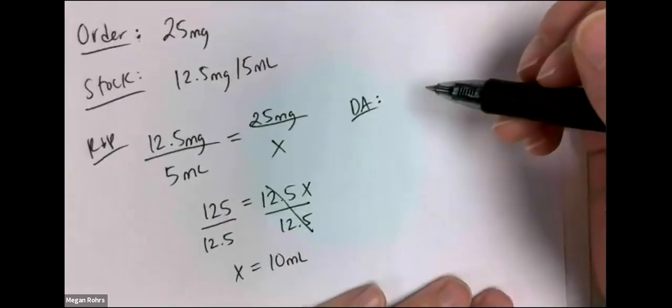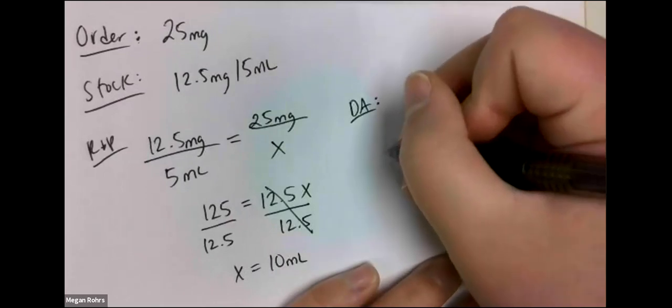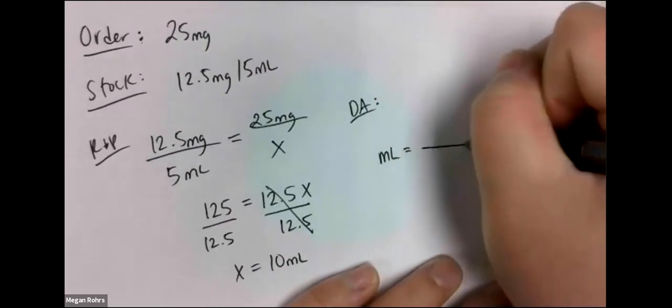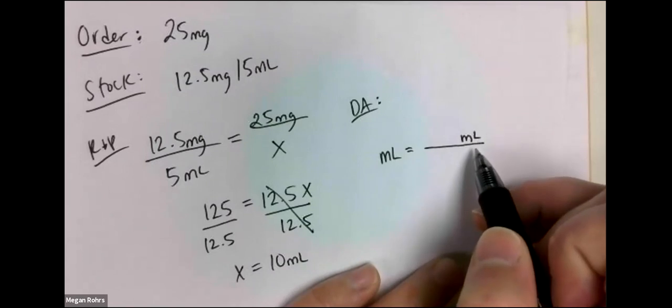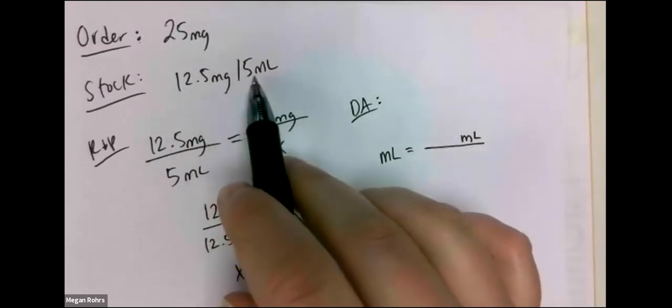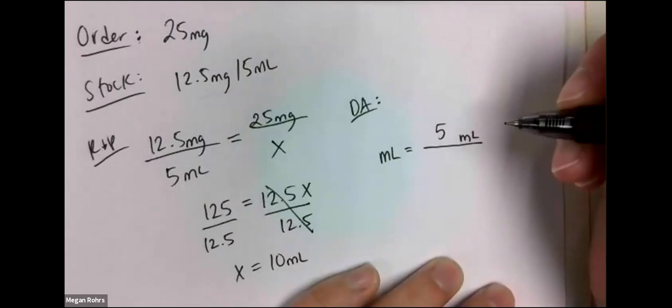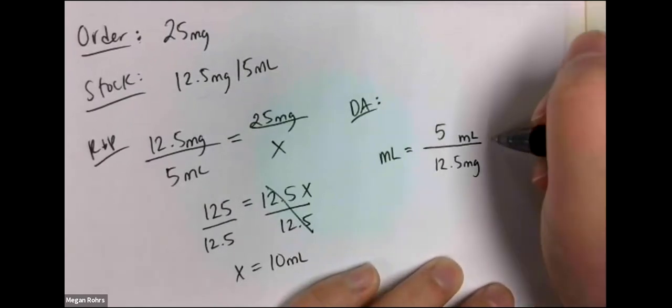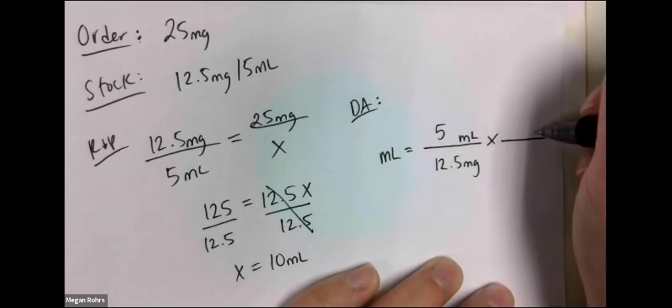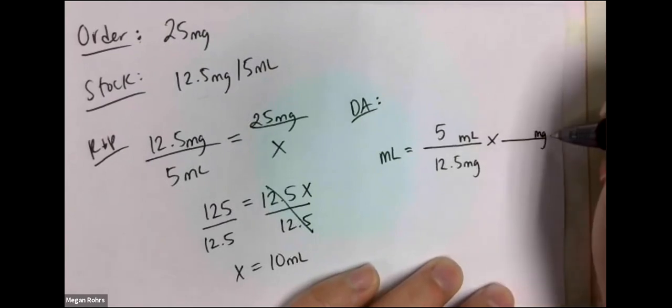So dimensional analysis, start with what you want. We want to find mils. Keep that on top of your first fraction. So all I know here is that in every 5 mils, there are 12.5 milligrams. To cancel out my milligrams, I need to have milligrams on top.